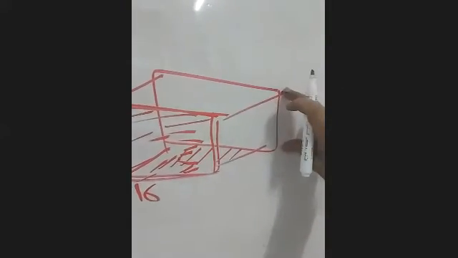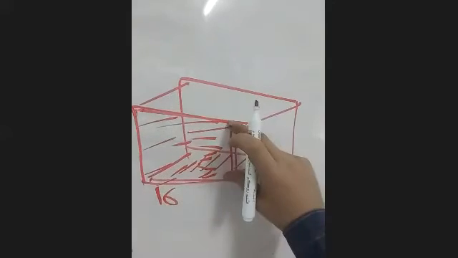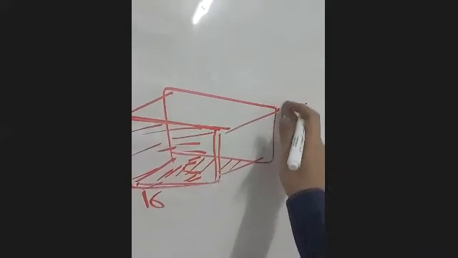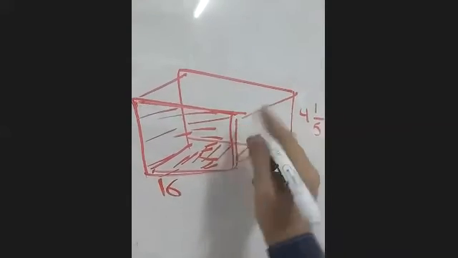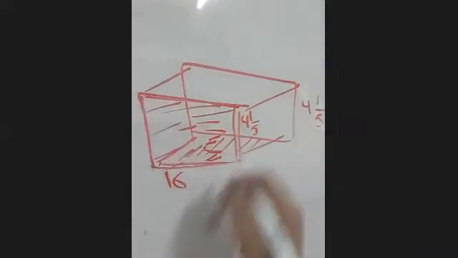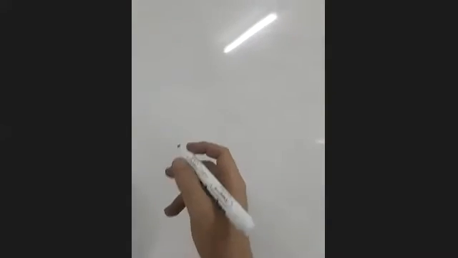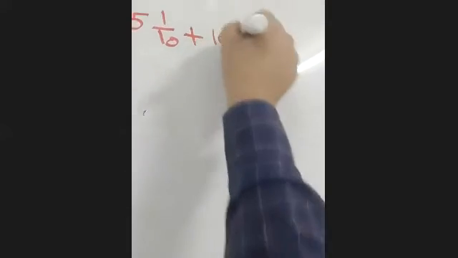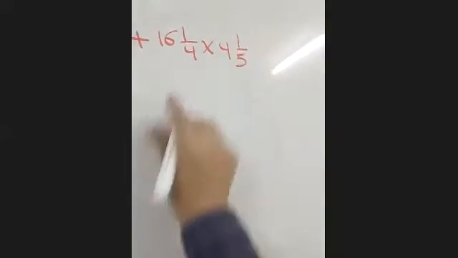It is the same as this width, right? How much? 4 and 1 over 5. So this face which is facing us is 16 and 1 over 4 multiplied by 4 and 1 over 5.